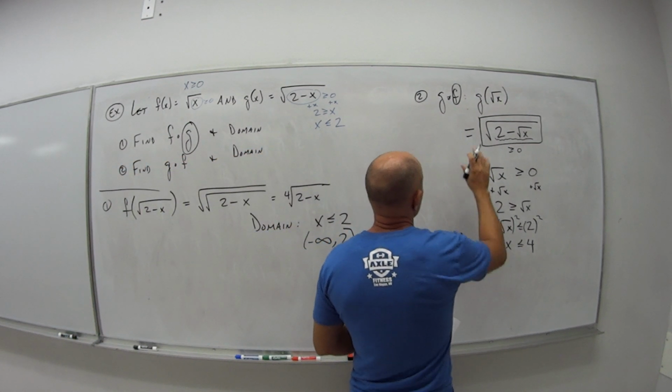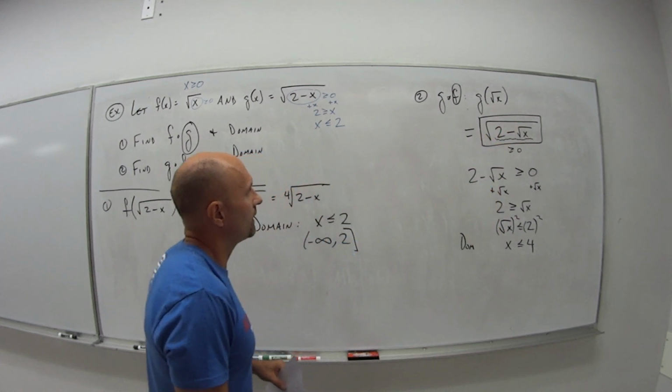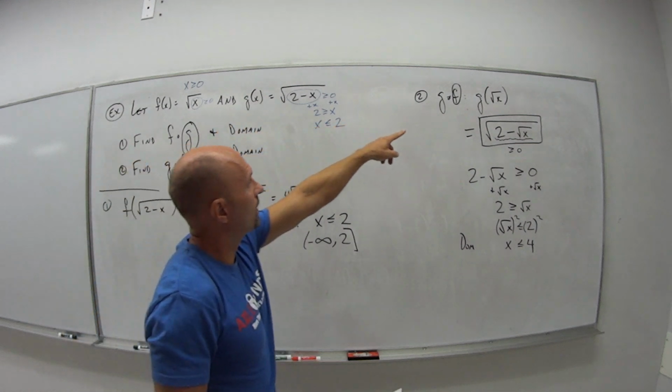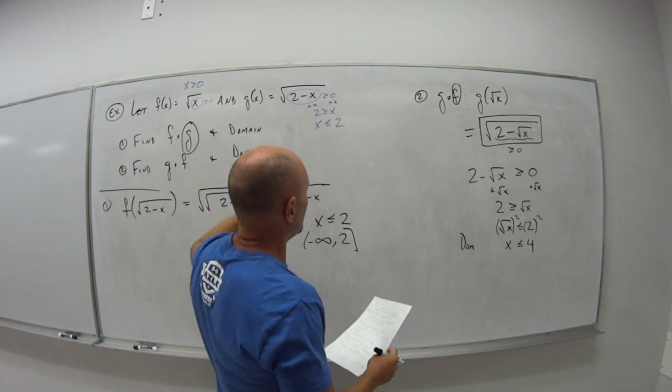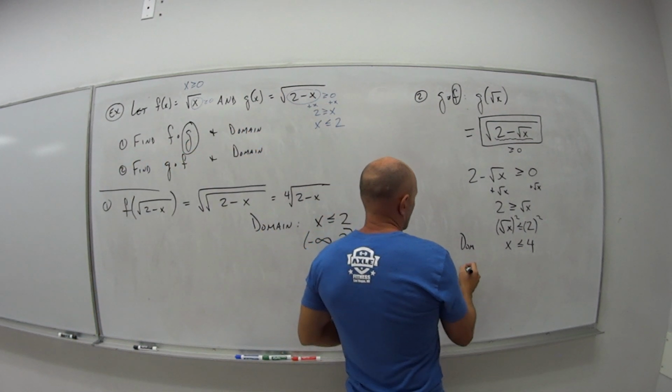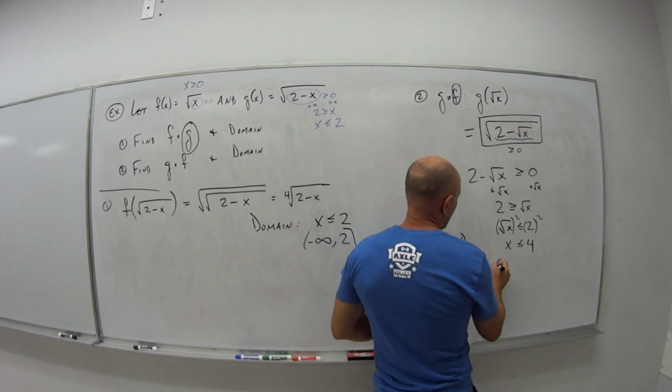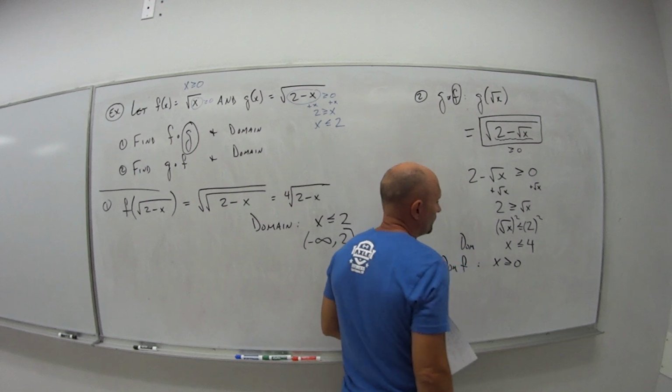So this is the domain of square root of 2 minus square root of x, but don't forget I have to have it intersect with the domain of f. And f, the domain of f is x is greater than or equal to 0.